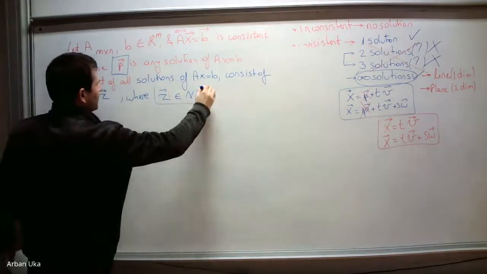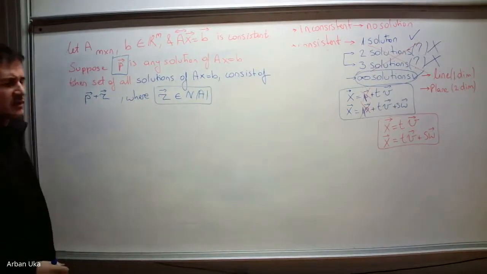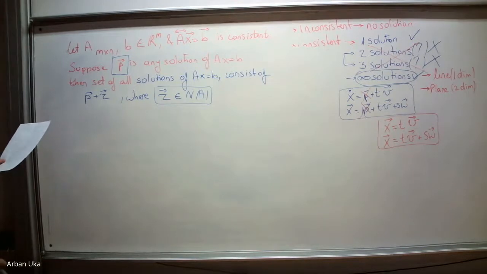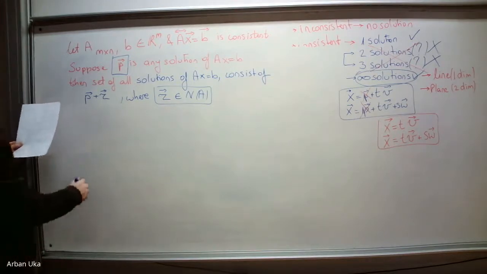So apparently, for any vector Z in the null space of A, we add it to any solution of Ax equals B, and this would be the solution.